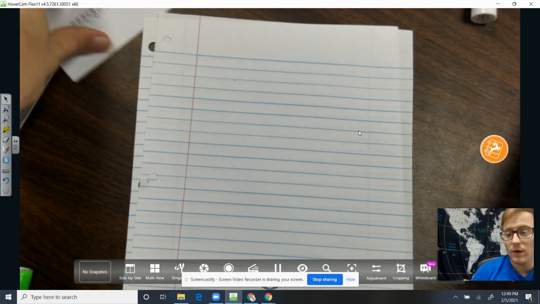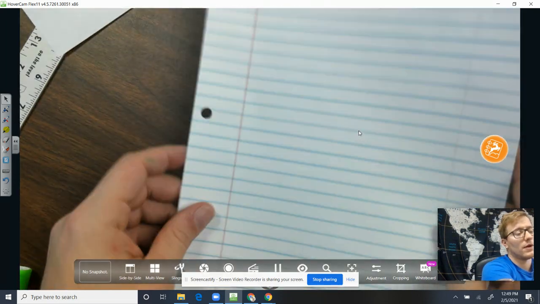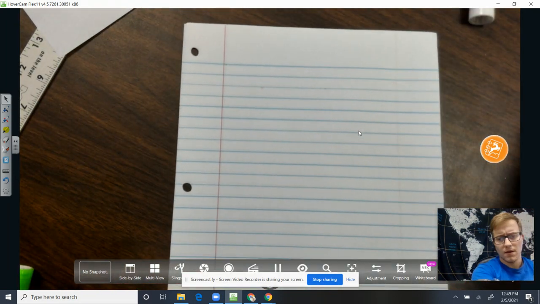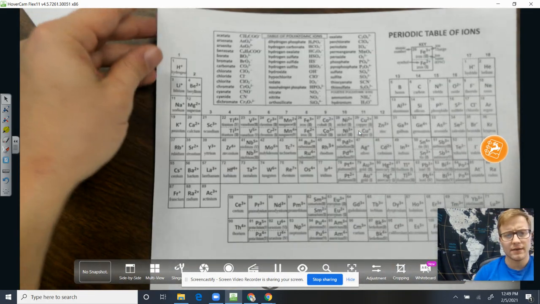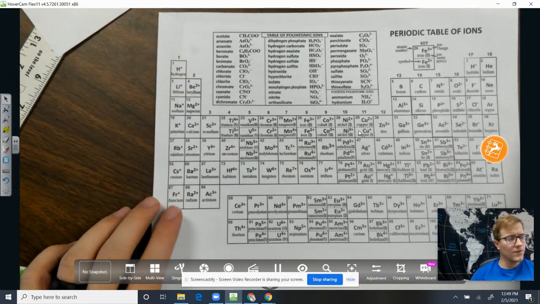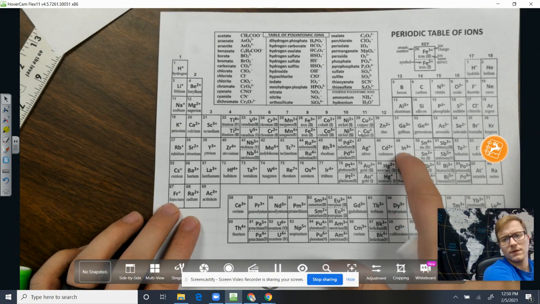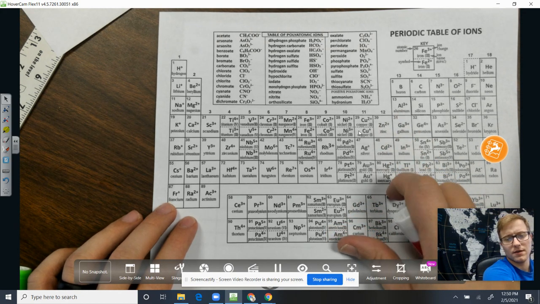Now, our next step is how to name ionic bonds. So we just talked about what it means to be ionic. Now, how do we name them? We're going to start with our very simple ones, namely our atoms from the first 3 groups, well, most of the 13th.